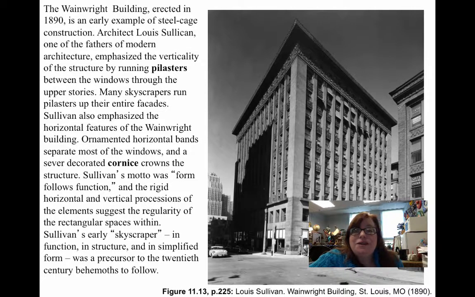And in those days, architecture, I believe, was a lot more beautiful. And so what a pilaster is, he made use of pilasters and cornices along the side. A pilaster is basically an engaged column, which means a column that is attached to the building.